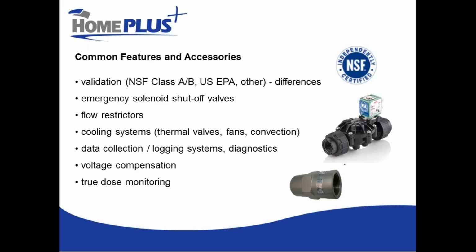A Class B device is really designed for retreating water that was already treated to a municipal standard. And it only has a dosage of 16 millijoules per centimeter squared, and it's also not required to have some of the additional safety and monitoring systems, such as UV intensity monitors, etc., that are found in the Class A devices.